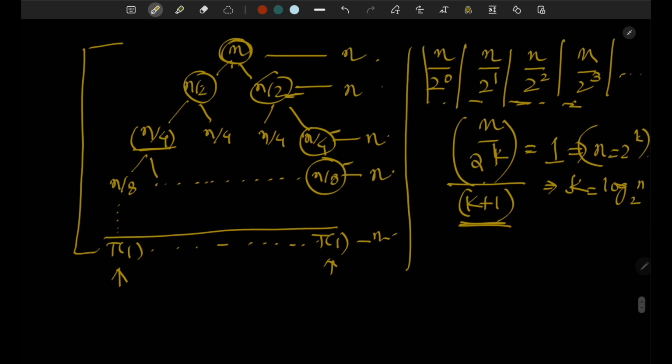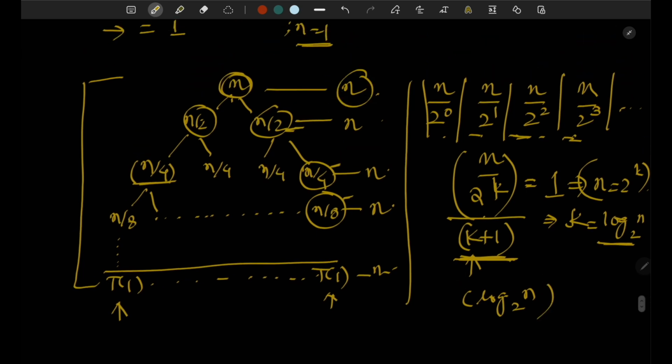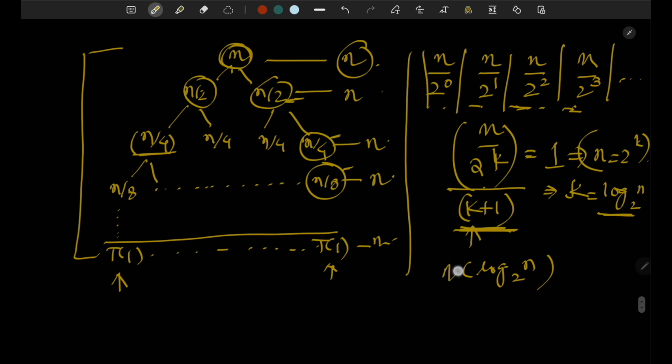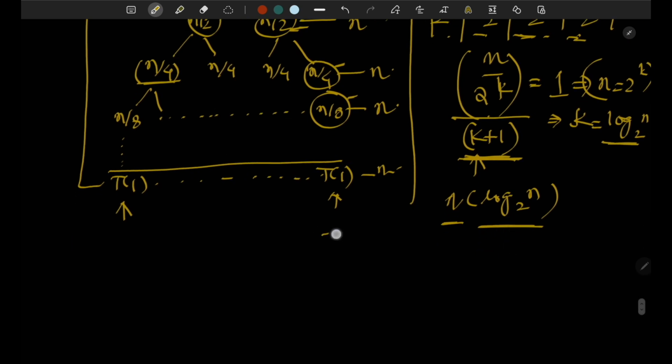So now that we have k plus 1 levels, what we can do is substitute this k value with this. So we can have it as log of n to the base 2, and at each level we are doing n work. So let's multiply this, right? So this is the level, and at each level we are doing the n work. So the total work that we are doing is n multiplied by log of n to the base 2.